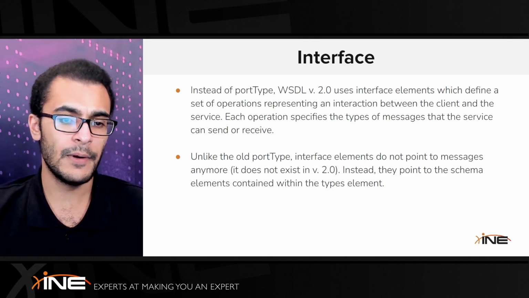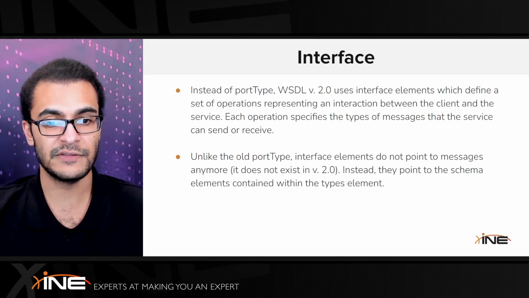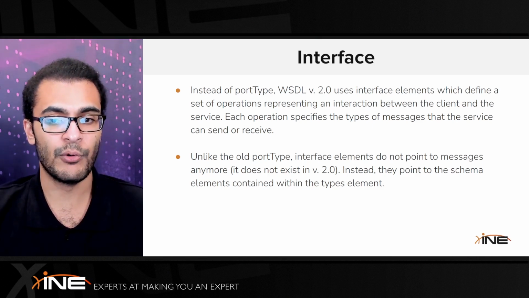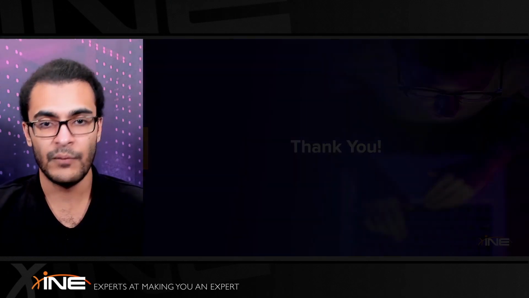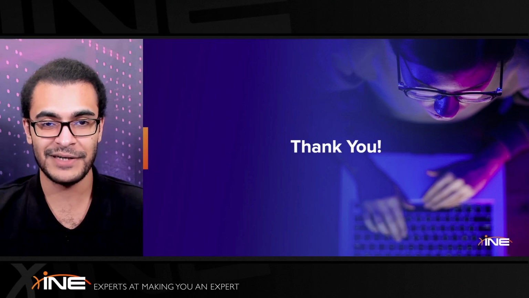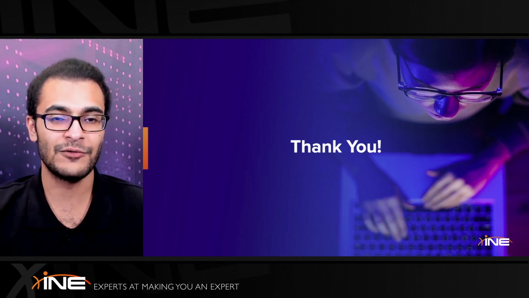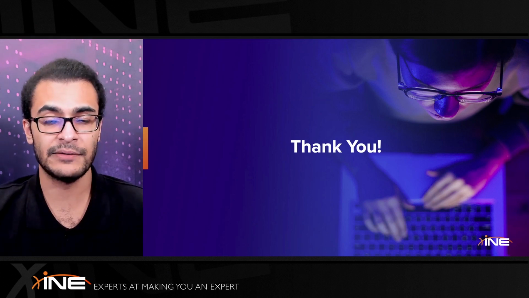Unlike the old port type, interface elements do not point to messages anymore. Message does not exist in version 2.0. Instead, they point to schema elements contained within the types element. So we're now getting into various forms of abstractions here. Before I take you deeper than that, I would like to show you what this looks like using a practical example.